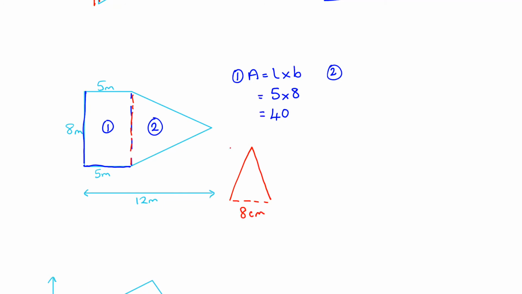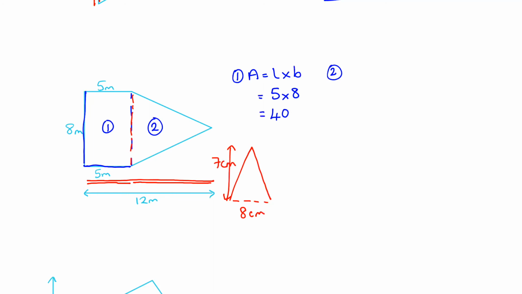And the height of the triangle, we can't see straight away, but if we have a look, we can see that all the way along there, that's 12 centimetres, and we know that that bit of it is 5 centimetres. So that must make that bit 7 centimetres.